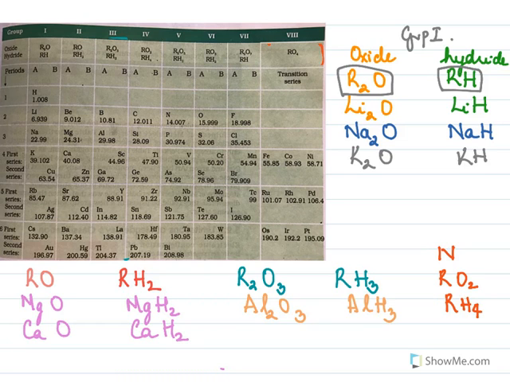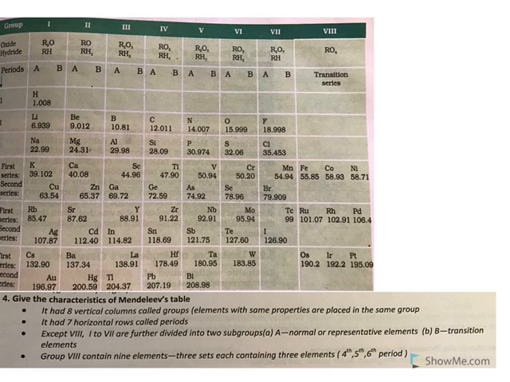The groups were the vertical columns, here: 1, 2, 3. And then we had the periods, which were the horizontal rows. Like here's period 1, period 2, period 3, period 4, and period 5.